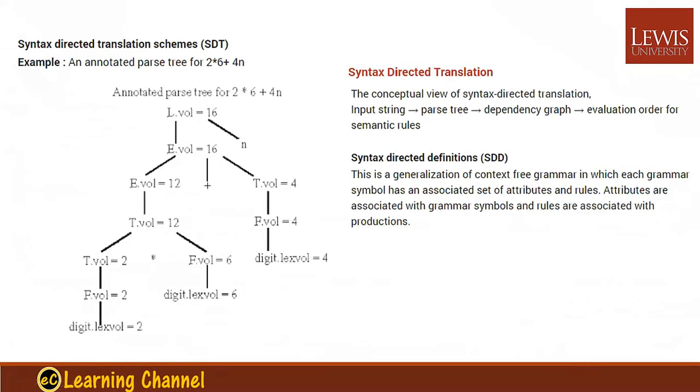Here we have 2 plus 4, 2 times 6 plus 4, and we have such an evaluation tree. If you don't look at the values in it, it is the original parsing tree.